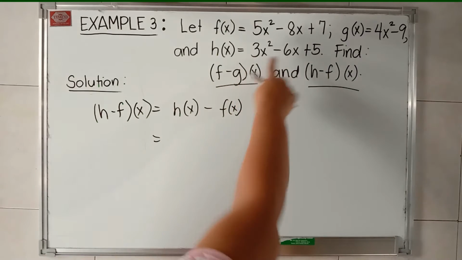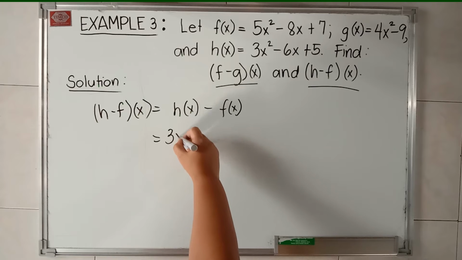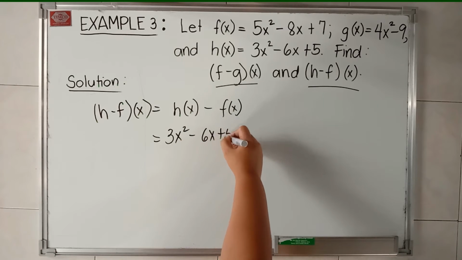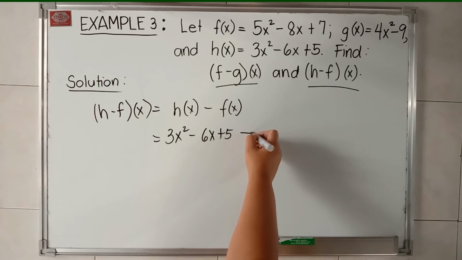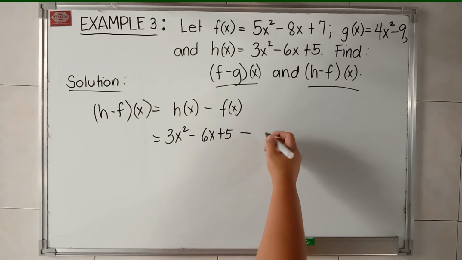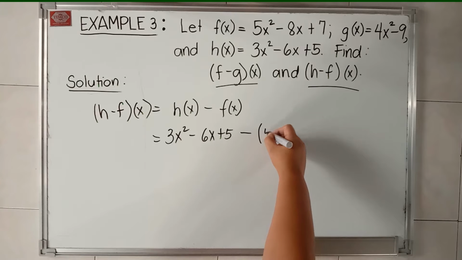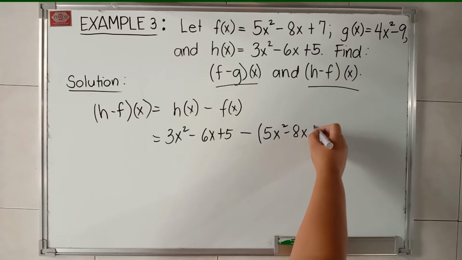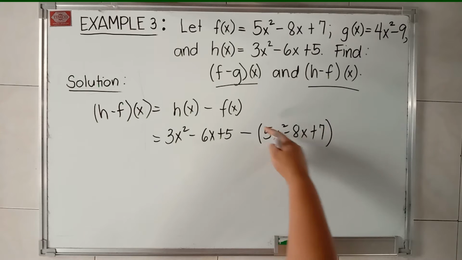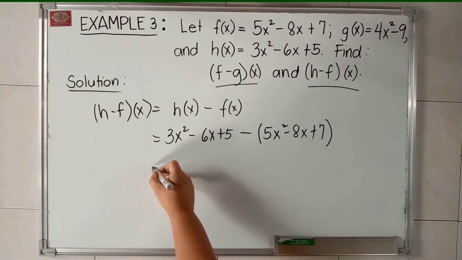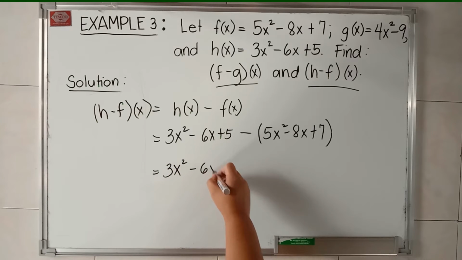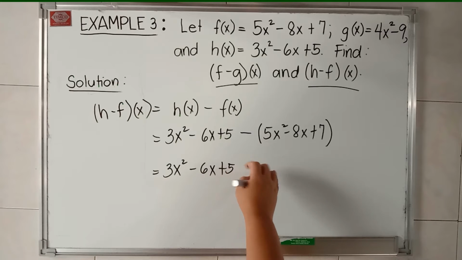So let's write h of x is equal to 3x squared minus 6x plus 5 minus, don't forget the parentheses, f of x is equal to 5x squared minus 8x plus 7, equals 3x squared minus 6x plus 5.